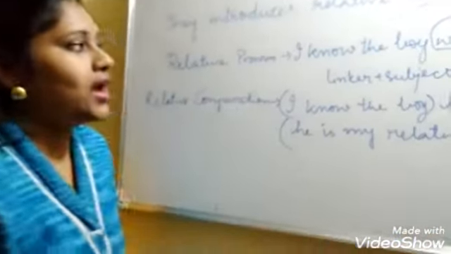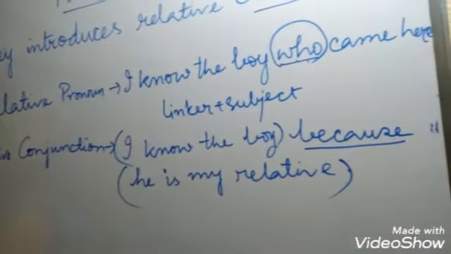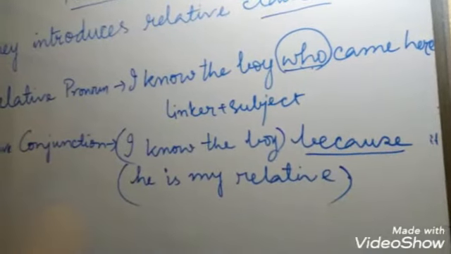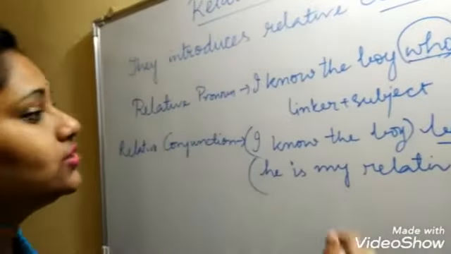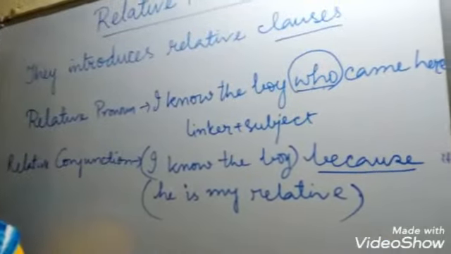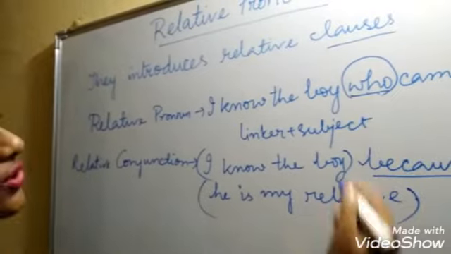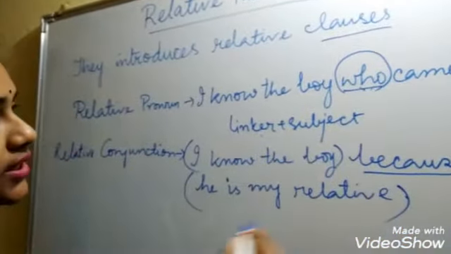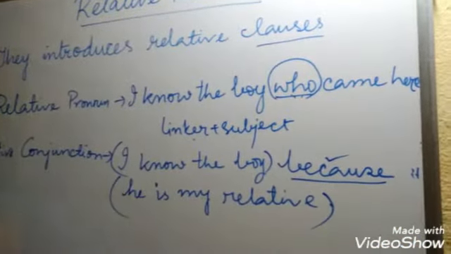But here the speciality is that it joins the clauses, and it also works as the substitute of a noun in the clausal structure. So here who is acting as the subject, linker plus subject, but here it is only the linker joining the two clauses. So that is the difference between the two.